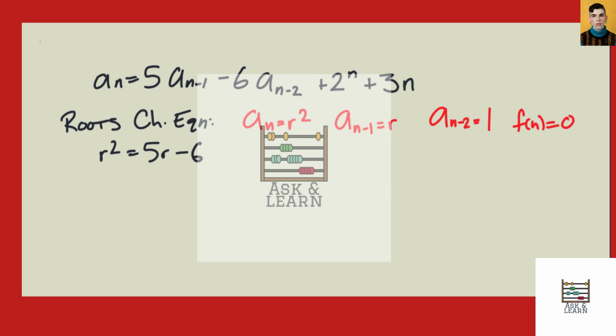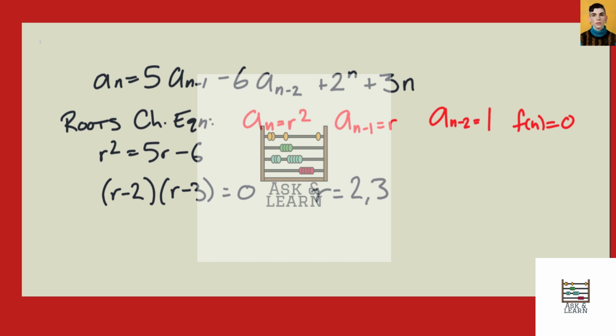Okay, and if we subtract 5r and add 6 to both sides, and then factor, we get (r minus 2) times (r minus 3) is equal to 0. So r is equal to 2 and 3.